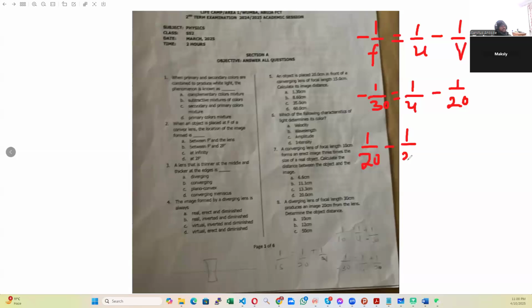Sylvester, are you following? Yeah. So now the LCM of this is 60. So 60 divided to have 3 minus 2. So this is 1 over u equal to 1 over 60.